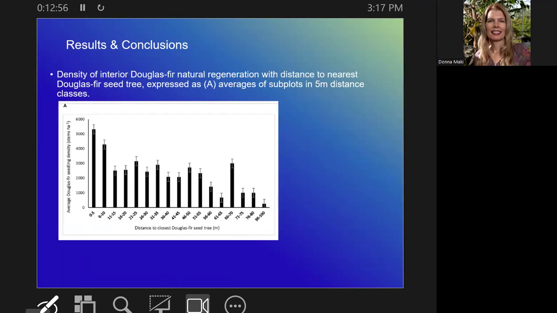So Douglas fir, when they produce the seeds in their cones, they're wind dispersed. Okay, so that's important to think about. It's wind dispersal. And here they're showing the so-called seed trees, some of those Douglas firs that were retained in those different percent patches.